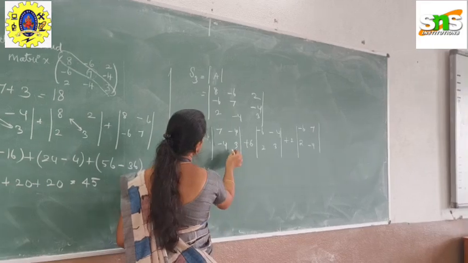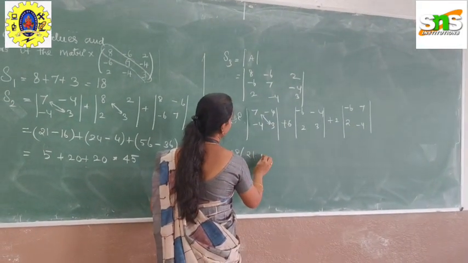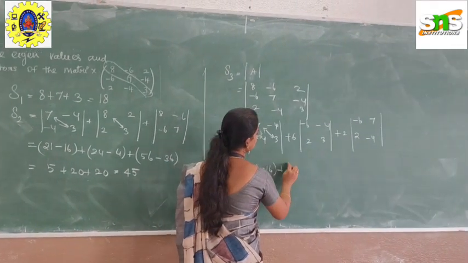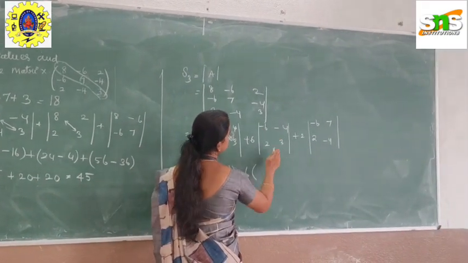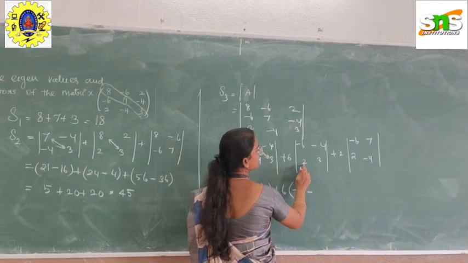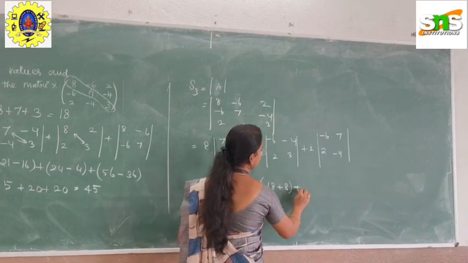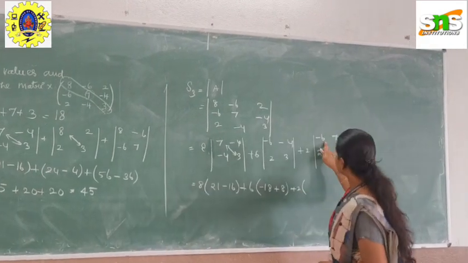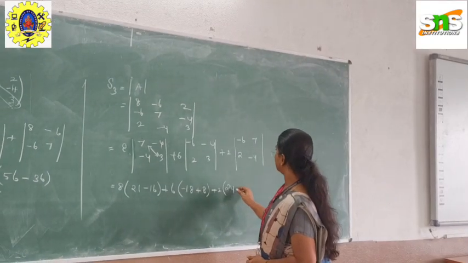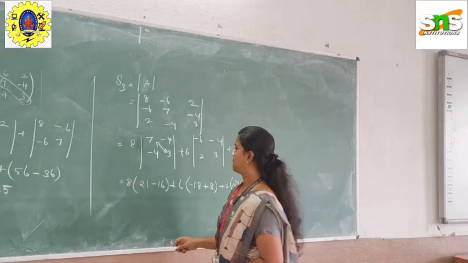So 8 into, multiply this: 7 into 3 will be 21 minus 4 into minus 4 will be 16, plus 6 into minus 6 into 3 will be minus 18 minus 2 into minus 4 will be minus 8, which gives 8, plus 2 into minus 6 into minus 4, which is 24 minus 2 into 7, 14.